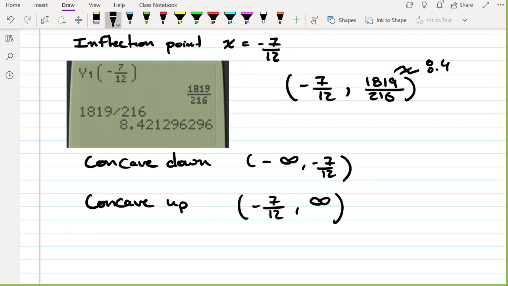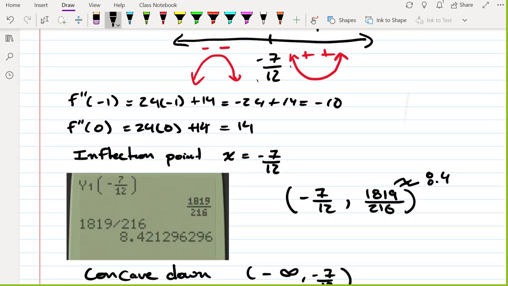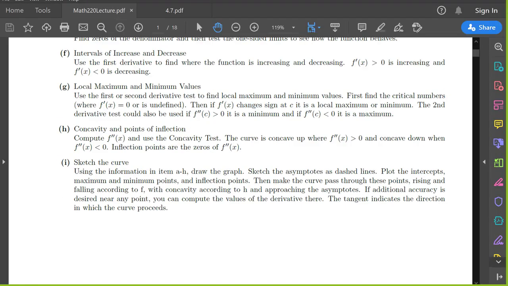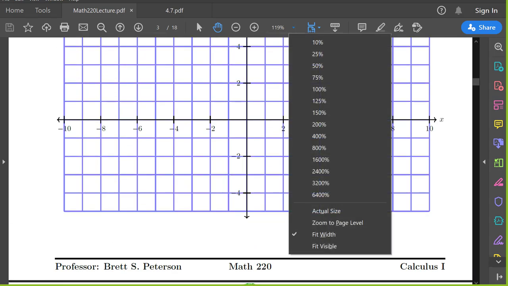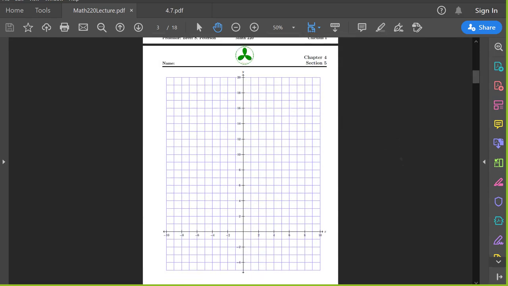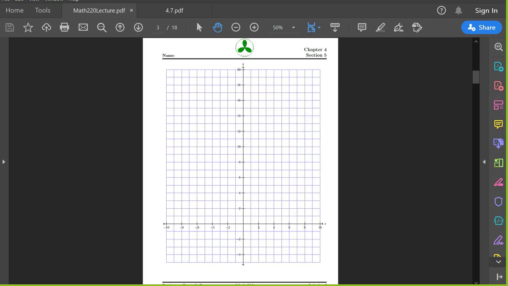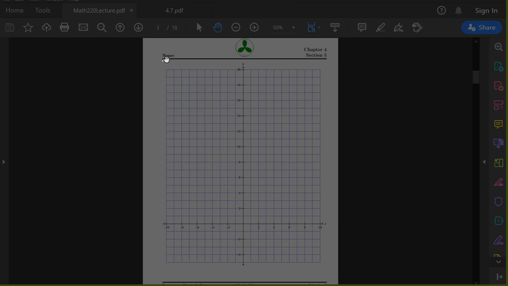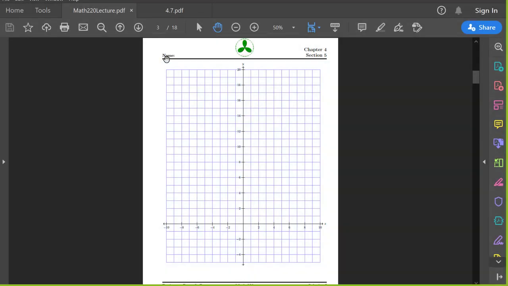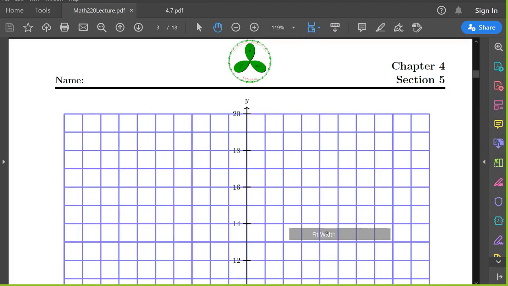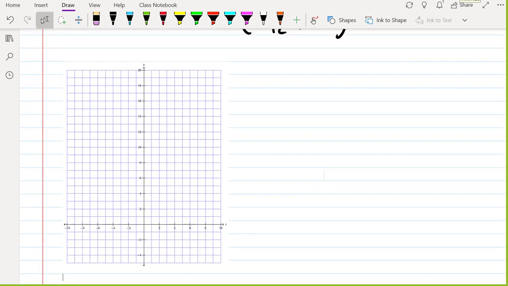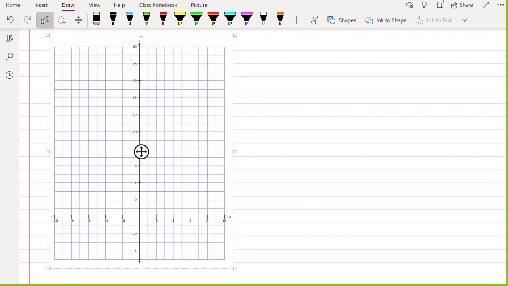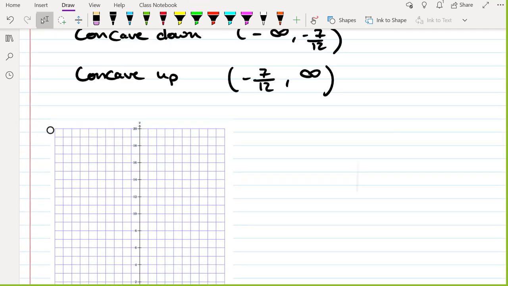All right. So now finally, we want to graph this entire thing. So let's go ahead and put some of our important points that we have on here.